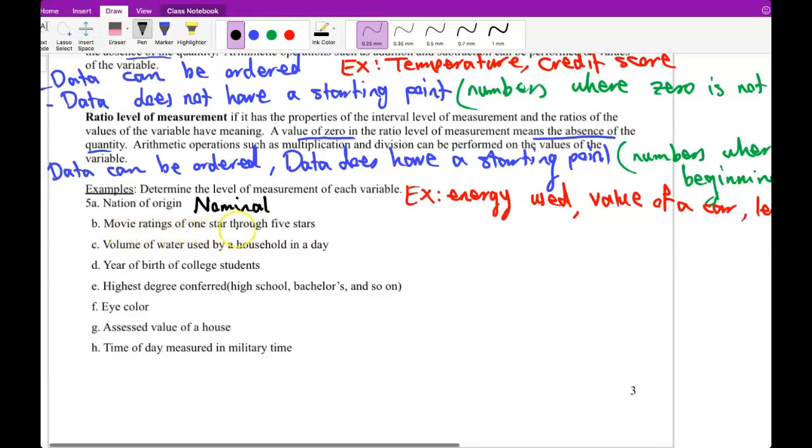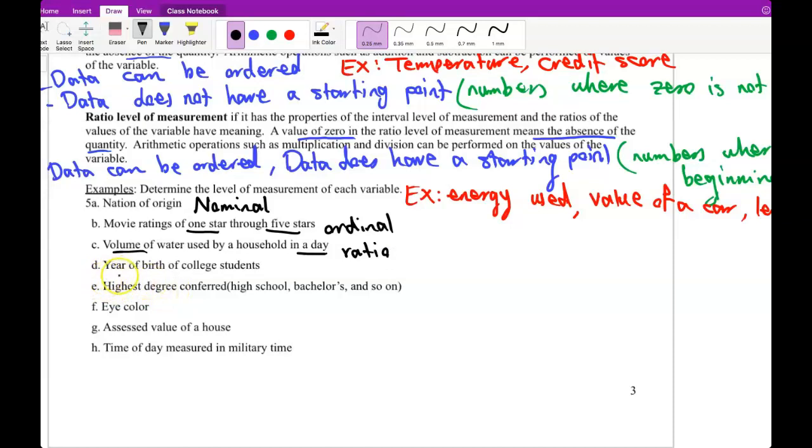Movie rating of 1 star through 5 stars. We can write them in order, so this is ordinal. C, volume of water used per day. This is ratio.